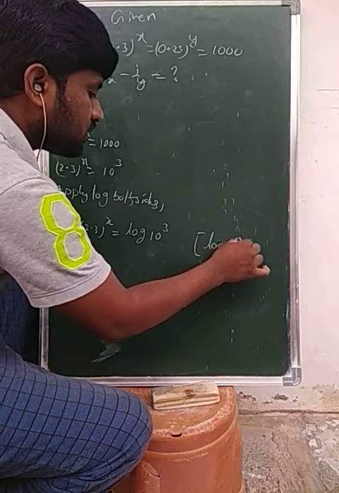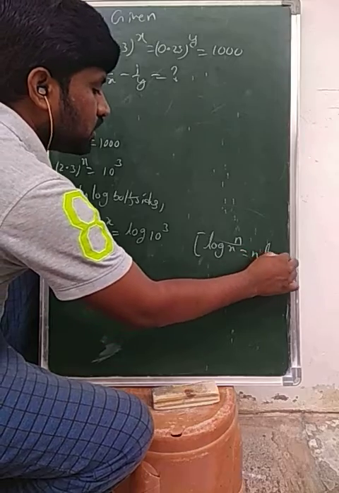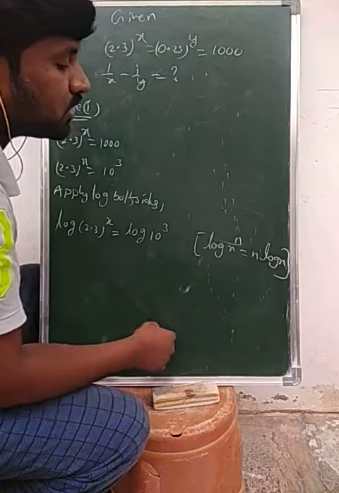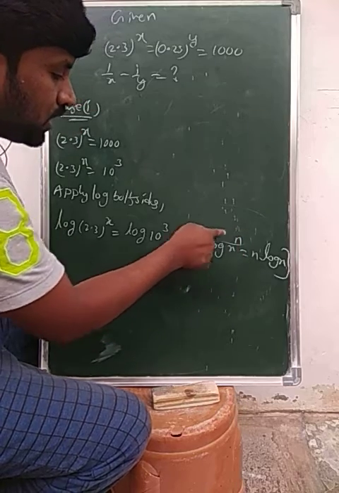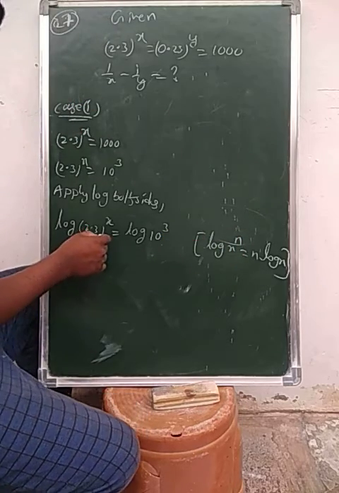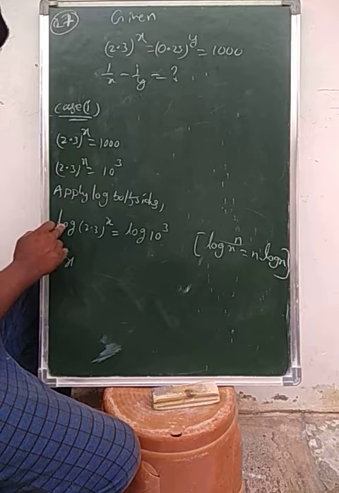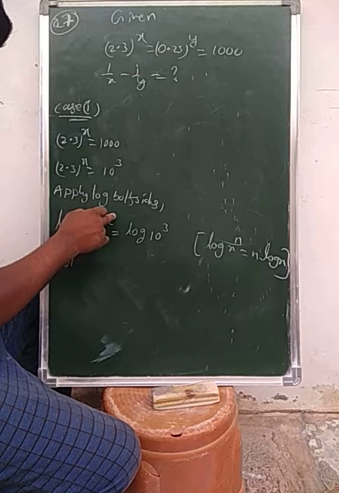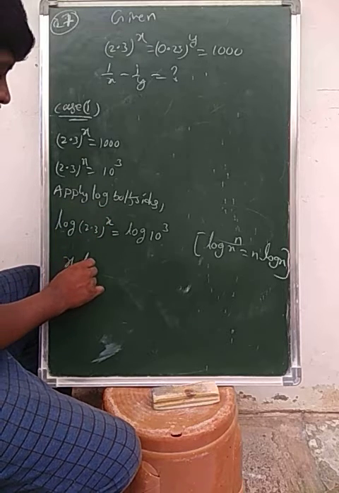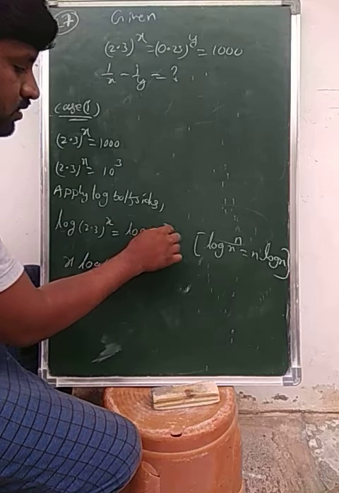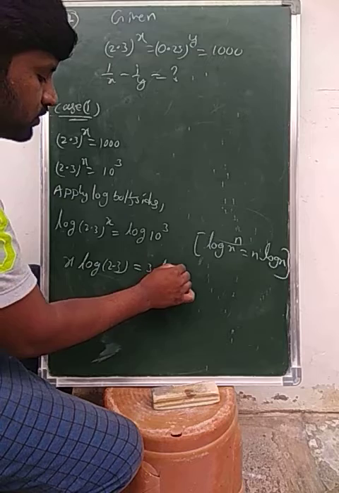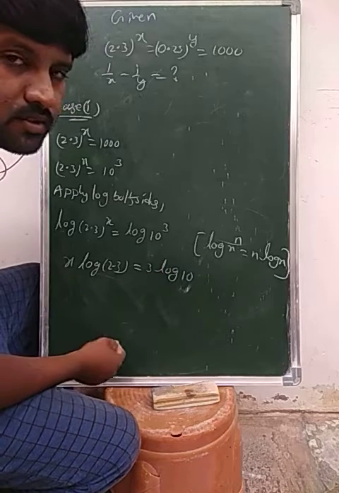Log of x power n is equals to n log x. Okay na, power rule. That formula I am using. So we get x log of 2.3 is equals to 3 log of 10.